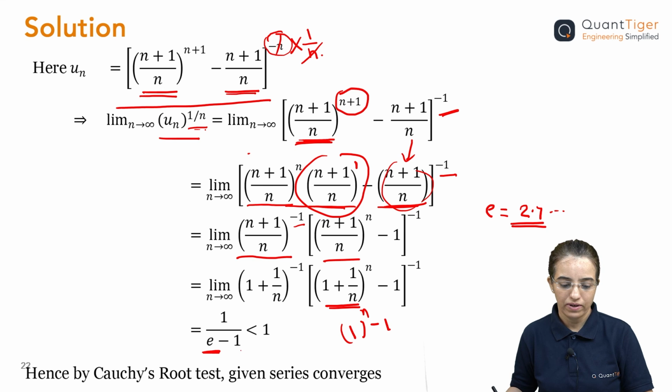Then if you take it to the power -1, whatever number you get will definitely be less than 1. Since the result is less than 1, we can say that the given series is a convergent series. This is how we can use the root test, by simply taking the root of the given series and doing some simple simplification steps.